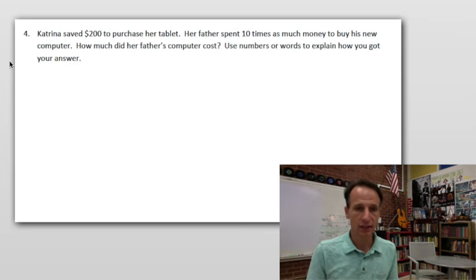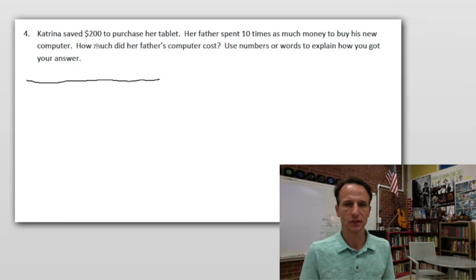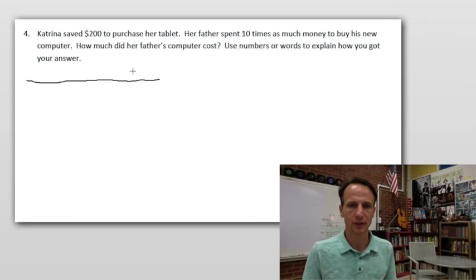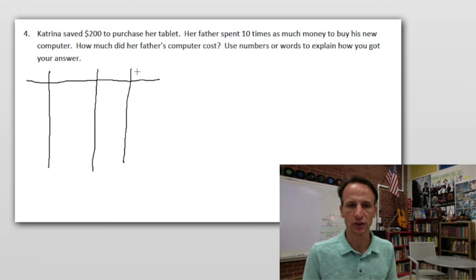So let's draw a handy-dandy place value chart here, and I know I'm going to need some room. We're starting in the hundreds place, so I know I'm not going to need much room in the ones and tens, but I will need a bit more in hundreds and thousands. Could have even been a little more generous to myself there.